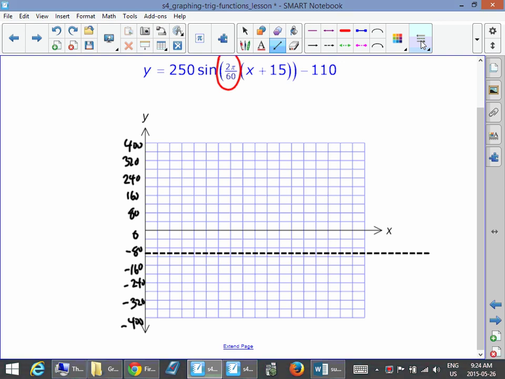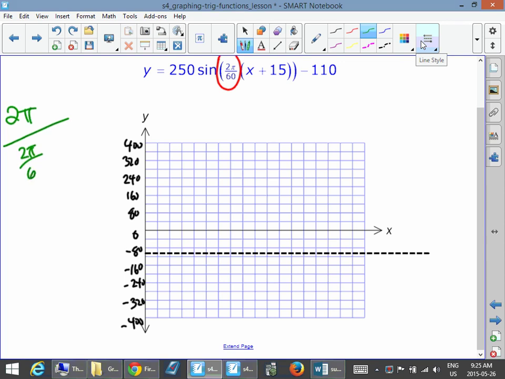Okay, so what I got to say is, what's that 2 pi over 60 mean? Well, if I take my period and I divide it by B, which is 2 pi over 60, well, 2 pi divided by 2 pi over 60 is just going to give me 60. So that's my period, is 60. Nothing in terms of pi, but just plain old 60.